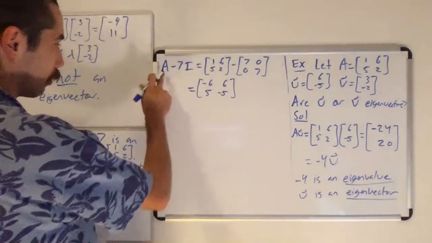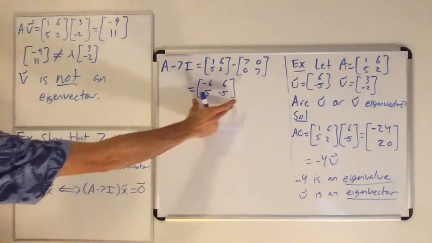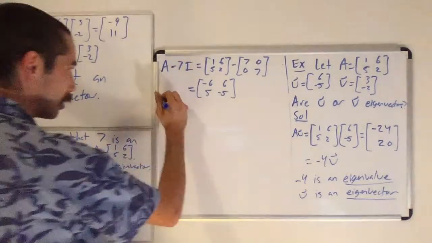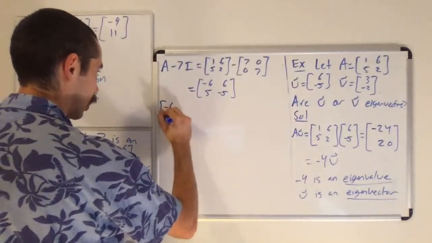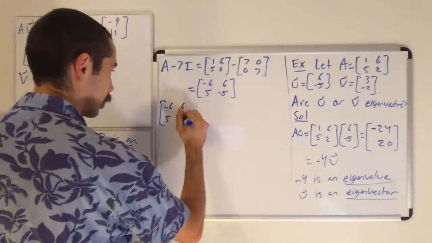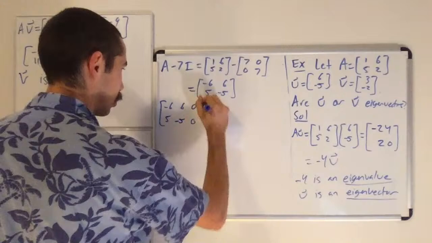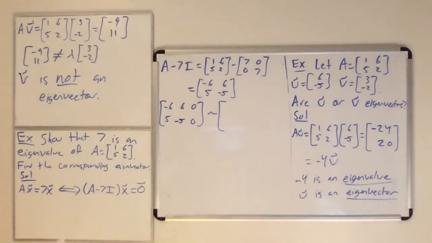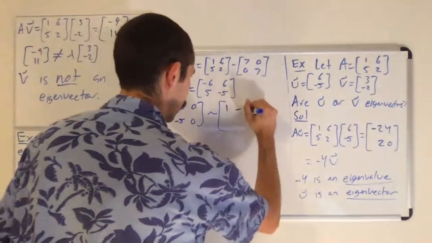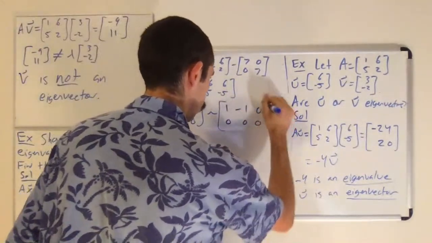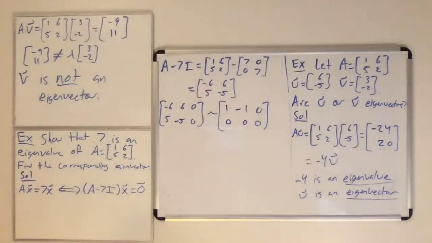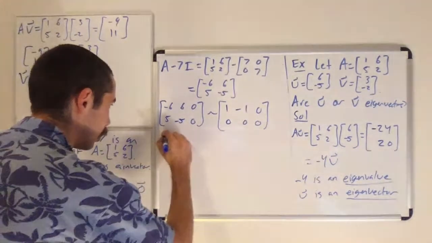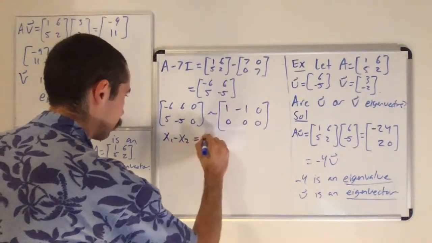Okay, so we want to solve this matrix times x equals 0. The way we do that is we set up the matrix 6, 5, 6, negative 5, 0, 0. And we row reduce. And it works out to be this, which is saying that x1 minus x2 equals 0.